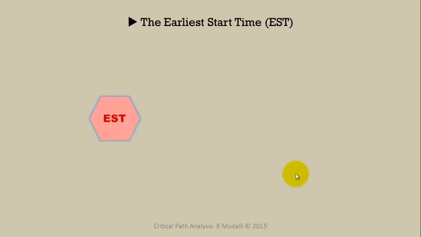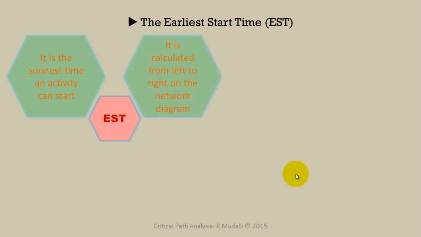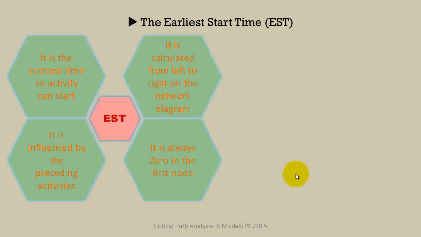Now let's talk about the earliest start time, that is the EST. The EST is the soonest time an activity can start. It is calculated from left to right on the network diagram. It is influenced by the preceding activities. It is always 0 in the first node. It appears in the top right corner of a node, as illustrated here.